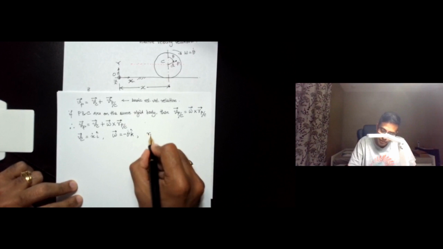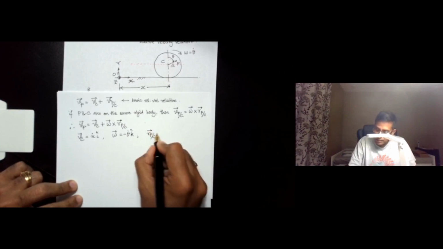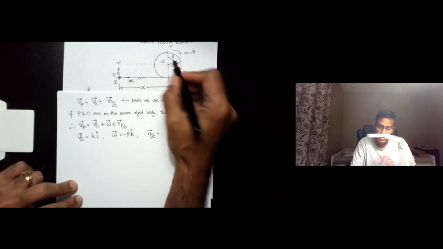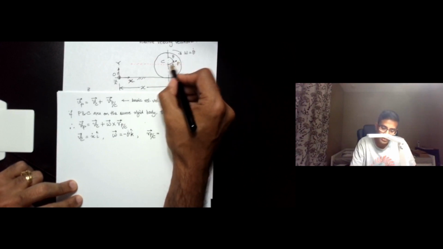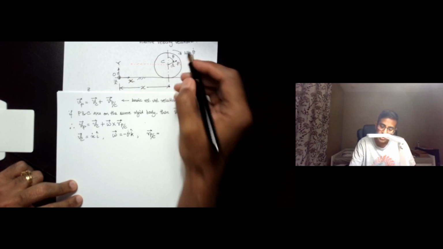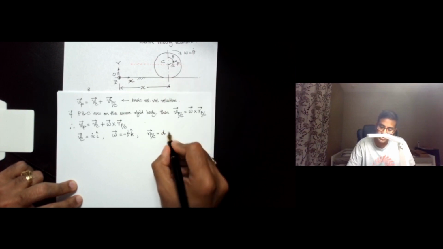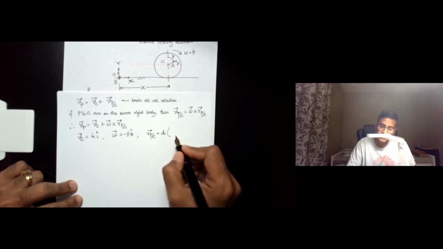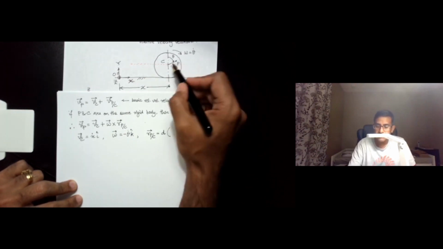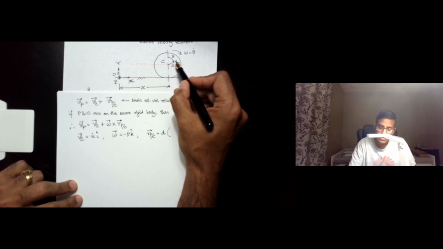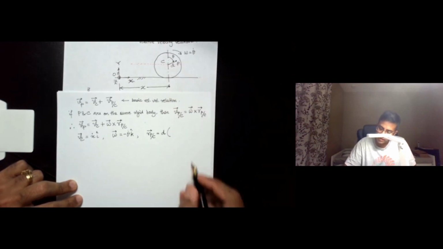Now what is Rp with respect to C? Rp with respect to C is the position vector of P with respect to C, so this is the vector going from C towards P. First of all, its magnitude is d, the distance between C and P, and let us determine the individual x and y components.